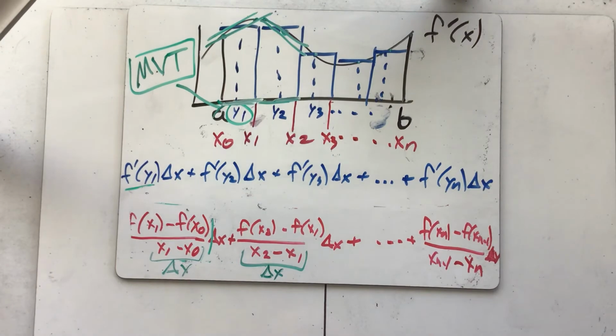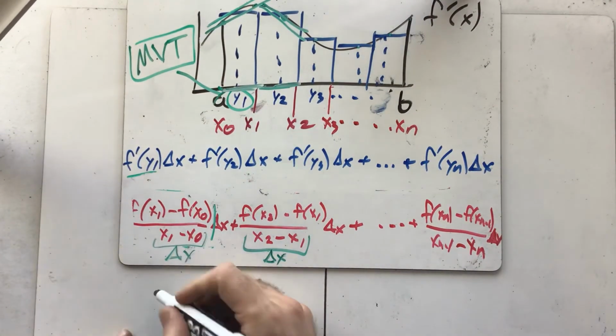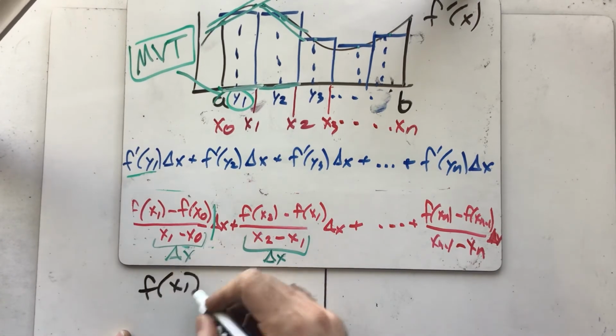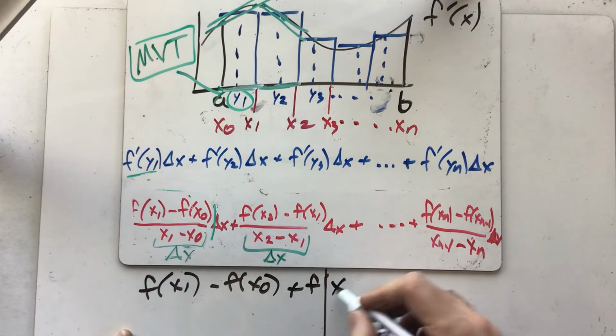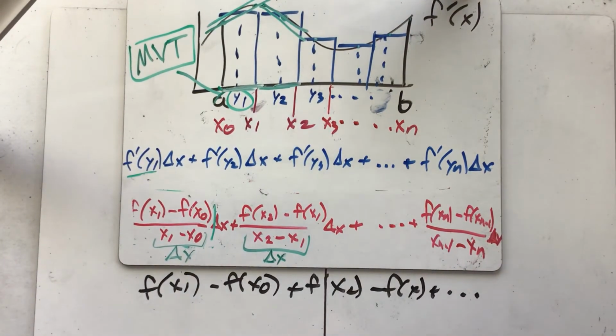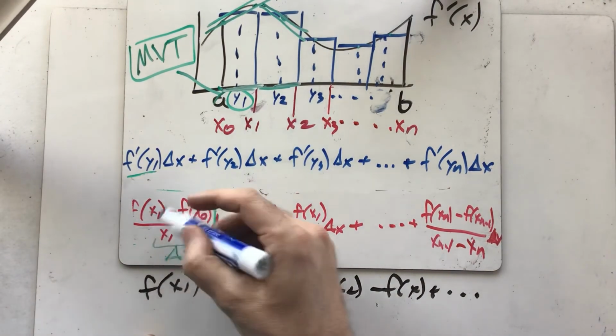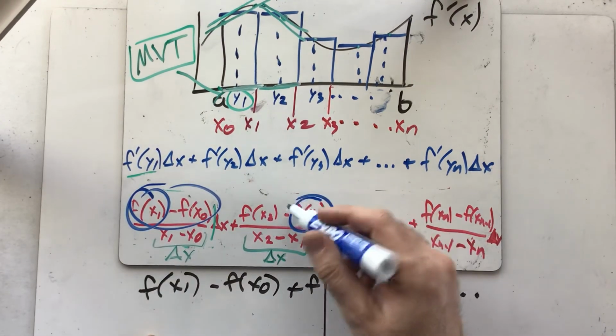So what you'll see is that every delta x cancels out with the denominator, and I'm left with f of x1 minus f of x0 plus f of x2 minus f of x1 plus, and I go all the way across. And what you see is that in this first term, I have an x1, and in the second term, I have a negative x1.